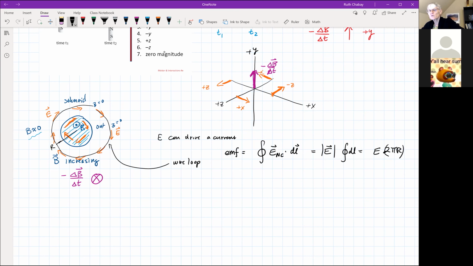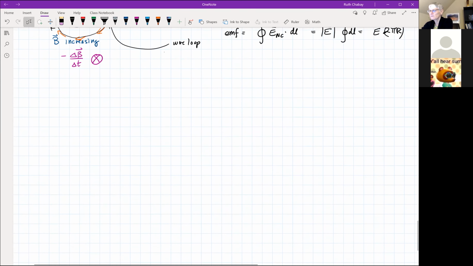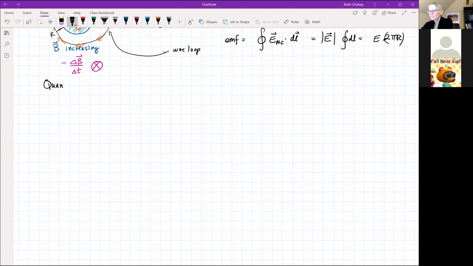So how does this all fit together quantitatively? Remember flux from Gauss's law. Magnetic flux is just the sum of B dot n hat delta A over some surface.